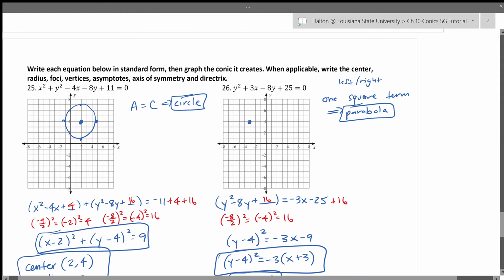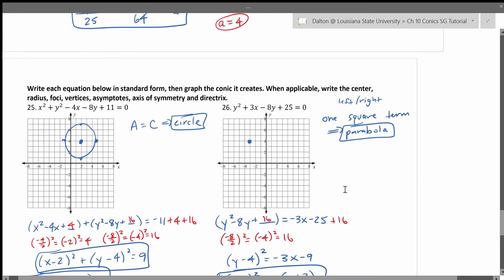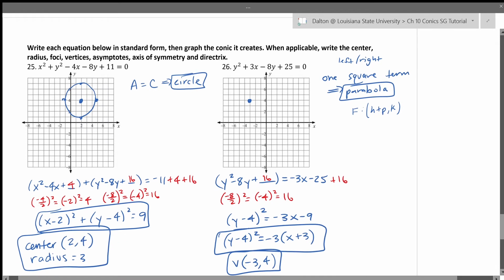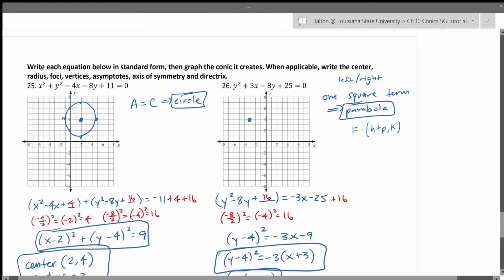And then from there, we can go ahead and find the focus. So the focus is found by h, with the orientation of y squared being our squared term. The focus is found by doing (h plus p, k). Now, I already know h and k because those come from the vertex point. So I've got to figure out what p is.